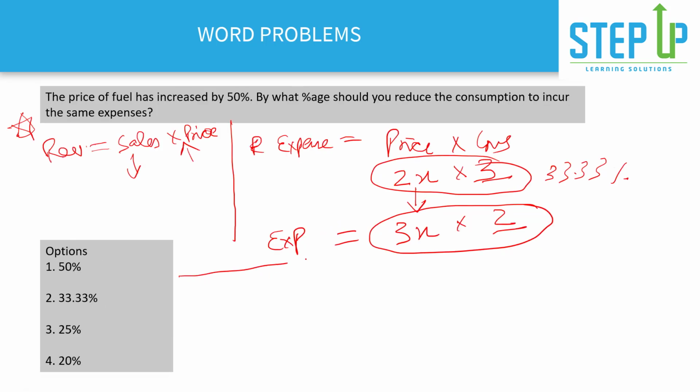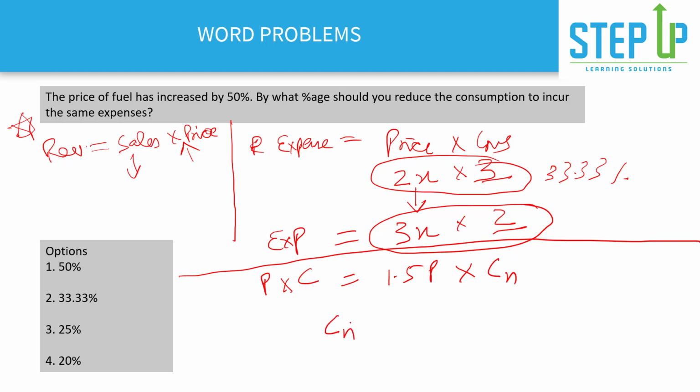If you don't want this method, and if you want to go by the standard method, even that is fine. So simply what you have to do is, initial price was P and consumption was C. Now you're saying this is equal to the price has increased by, let's say, 50%. So the new price would be 1.5P, into the new consumption N, which you have to find out.